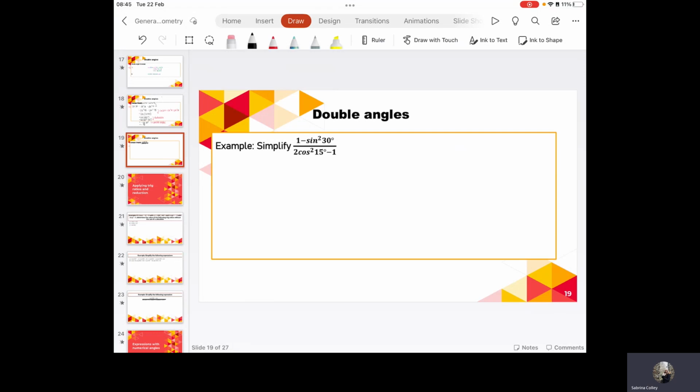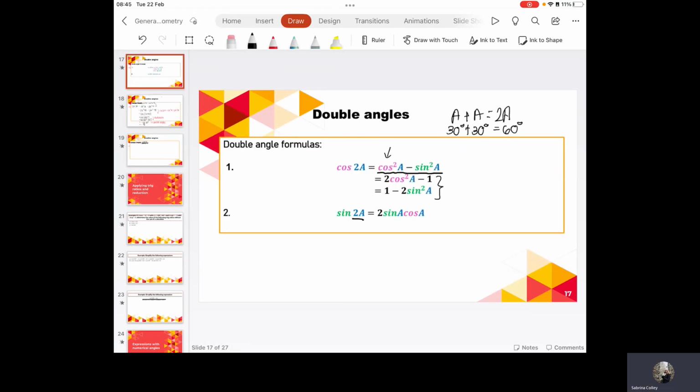Now let's look at our formulas again quickly, just to refresh our memory. We've used this one in that last example. We need to keep an eye out for these two and the sine, all four of these.